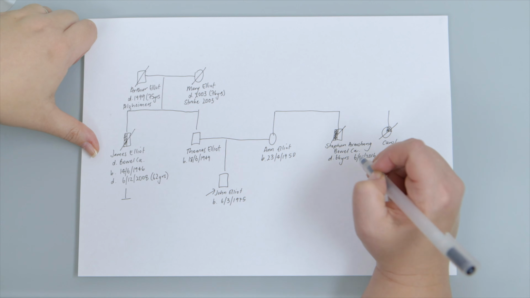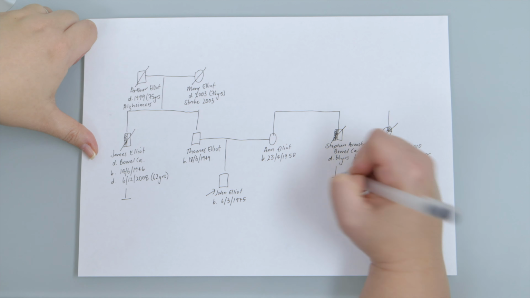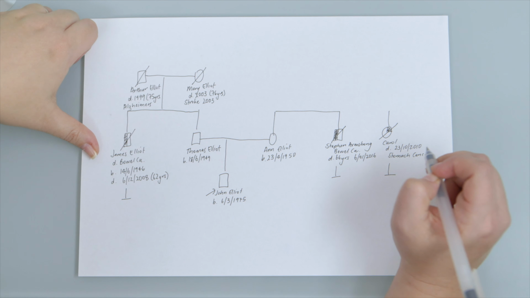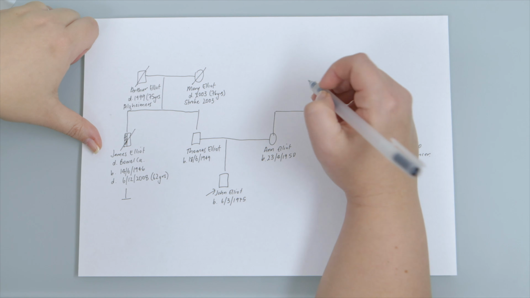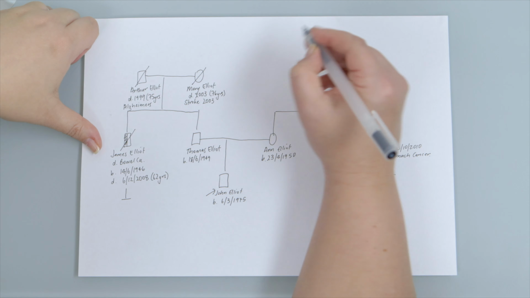And did Stephen have any children? No. And did Carol have any children? No. Okay, so I'll now just ask you some questions about your mum's parents. Do you have any information about them?